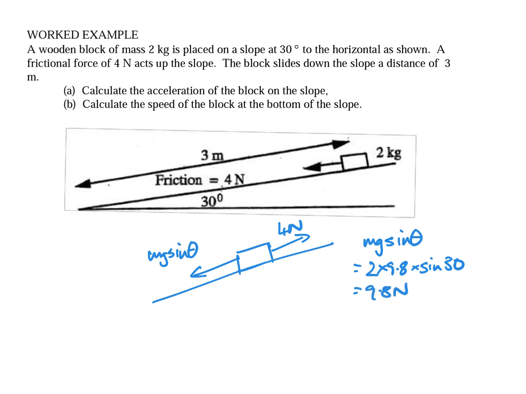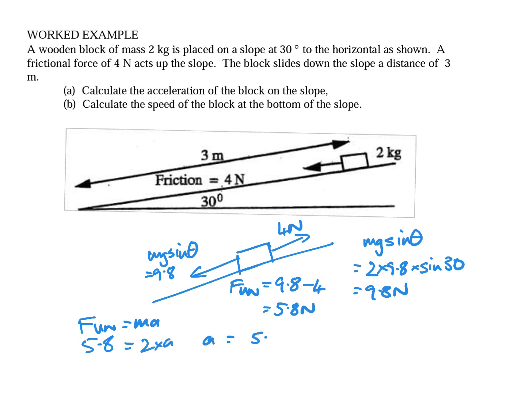So the unbalanced force, remember the whole point of our free body diagrams, is 9.8 minus 4 equals 5.8 newtons. And then we know F un equals ma, so 5.8 equals 2 times a, so a equals 5.8 divided by 2, which equals 2.9 meters per second squared. That's our answer to part A.